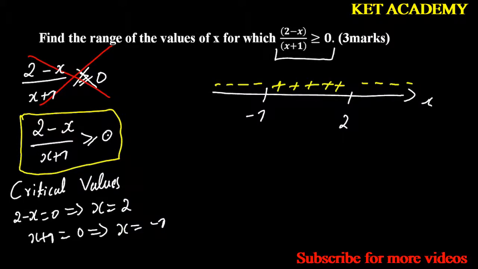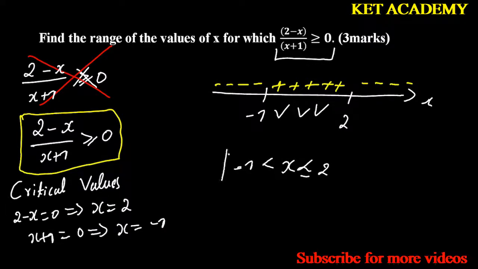When we talk of greater than 0, we mean that the value should be positive, and for positive, we're in this region. Therefore, the solution to this equation, or the range of values for which this inequality is greater than or equal to 0, is x less than or equal to 2 and greater than -1.